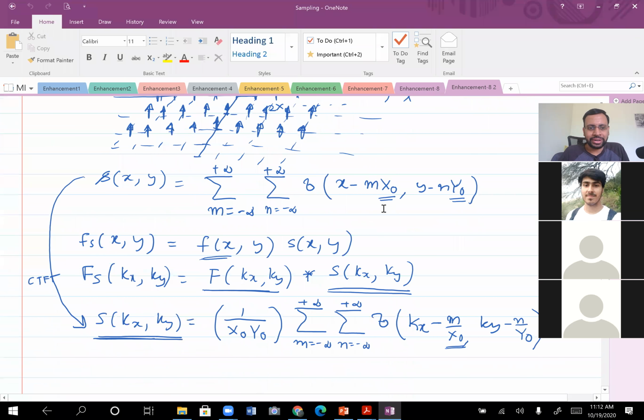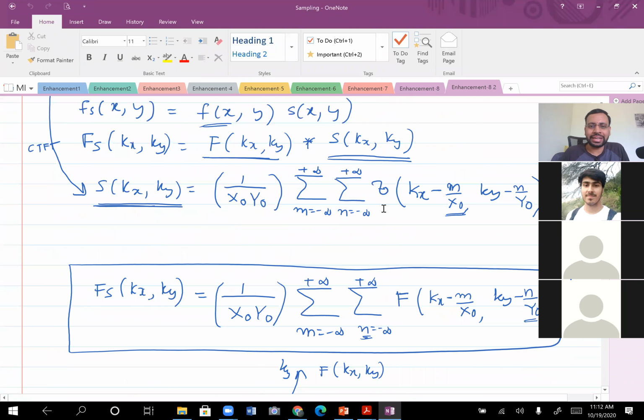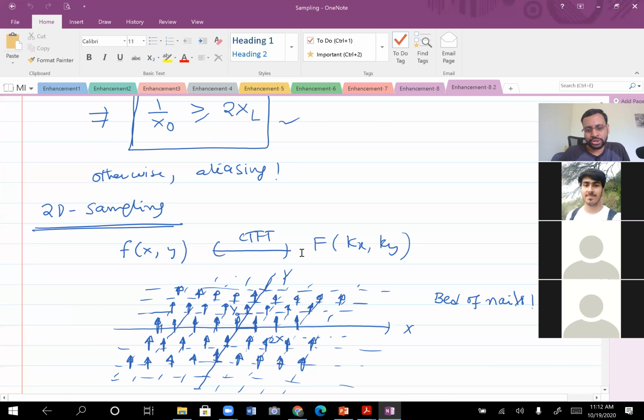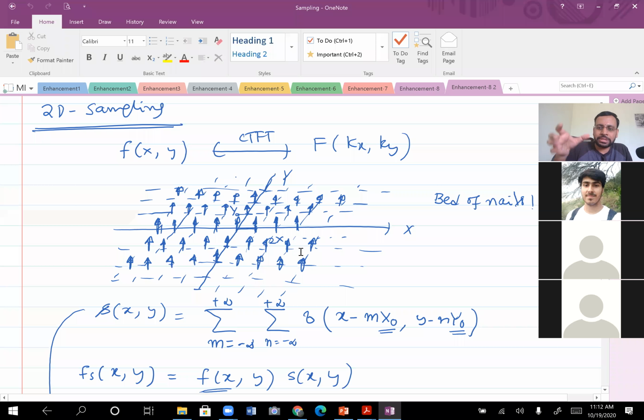Right. So whatever frequencies you have now, earlier it was just XL. Now YL is there. So XL will dictate what it should be, because these copies are placed both along X as well as Y. Depending on XL, you should decide on a good enough value of 1 by XL. Similarly, YL should tell you the frequency spectrum kx, ky.